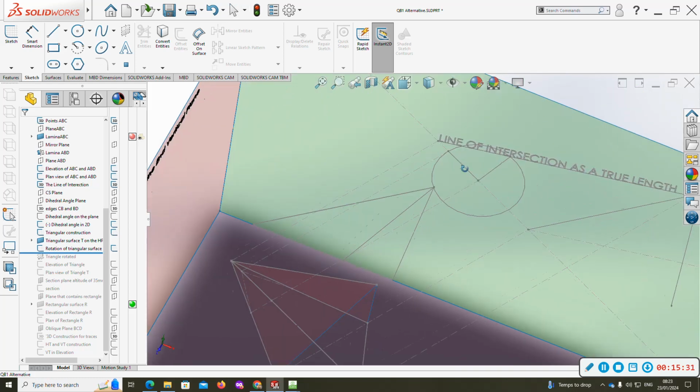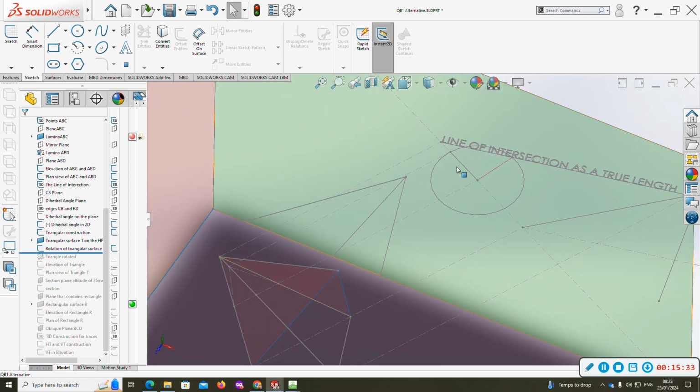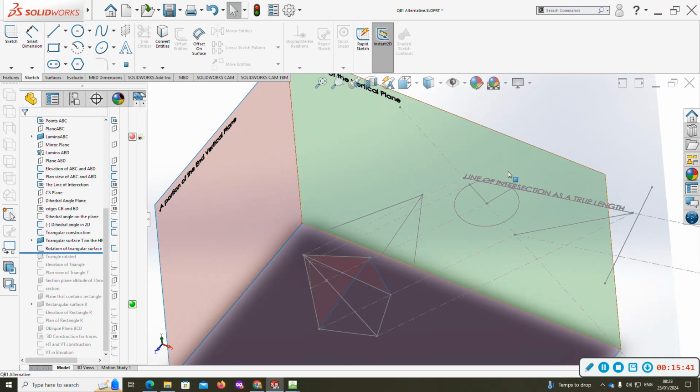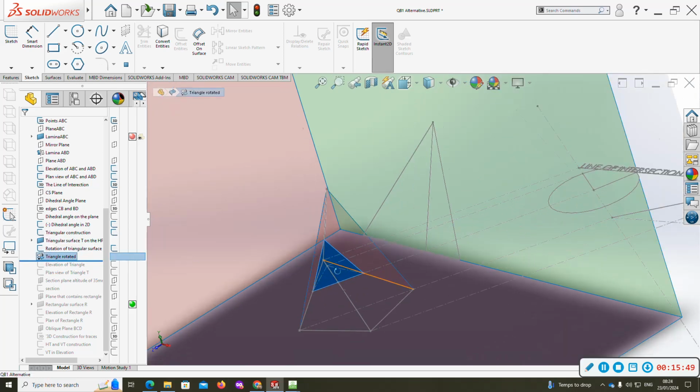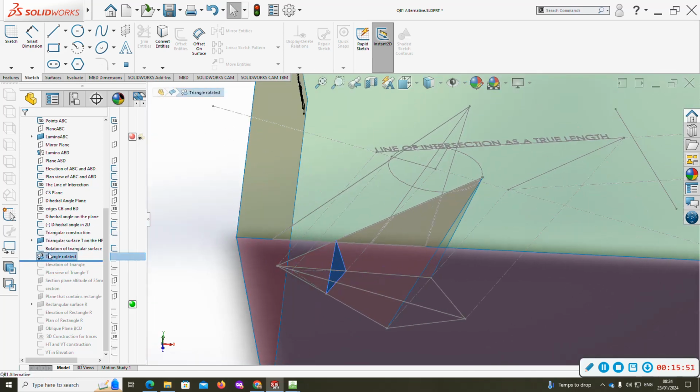Now, when the triangle is on the horizontal plane, it's on the x1, y1 line in our auxiliary elevation. Then I rotate it up until it hits the true length of the line of intersection AB. And here's the triangle getting rotated.